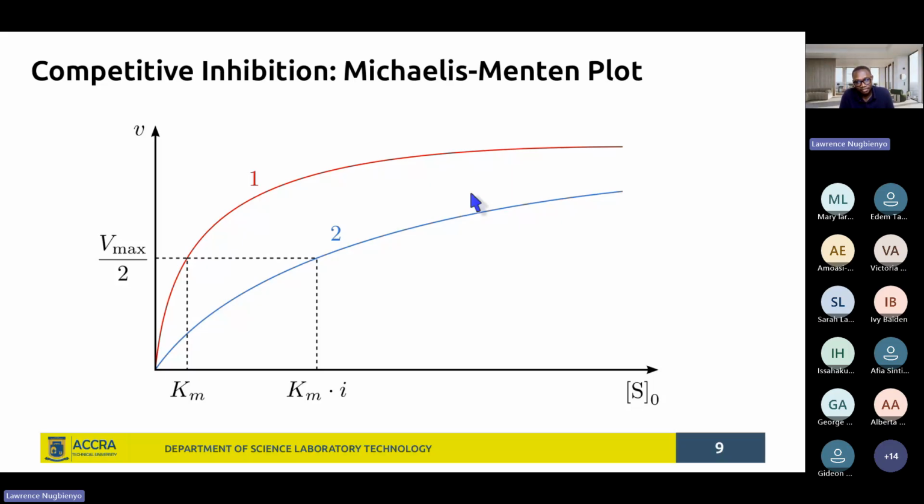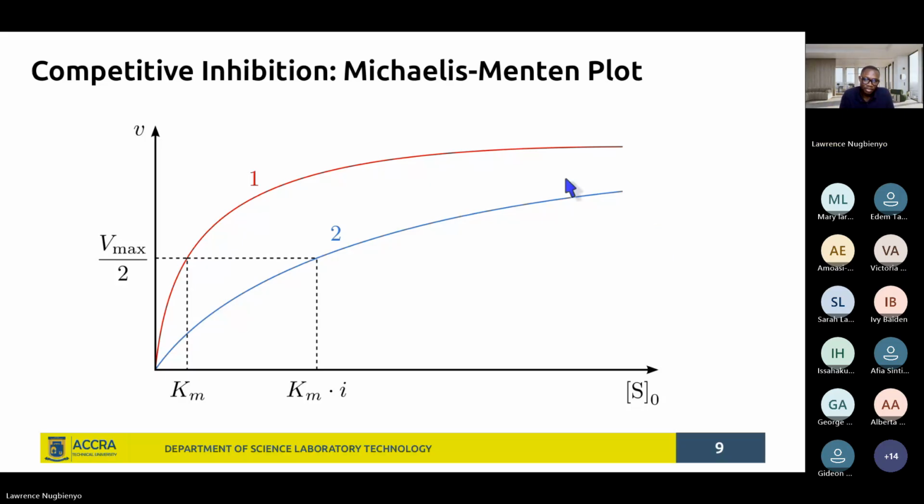That's the red curve. And we see the blue curve represents the kinetics of the inhibited reaction. So the blue curve is having a competitive inhibitor in there. And what do we see? What's the difference that we see here?